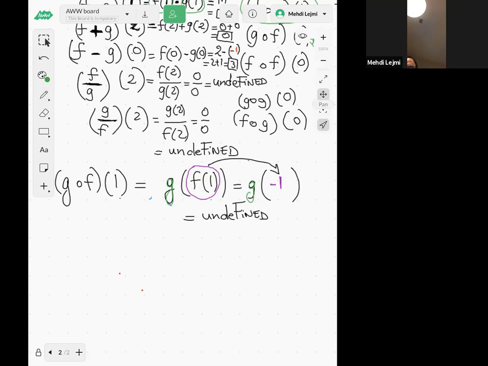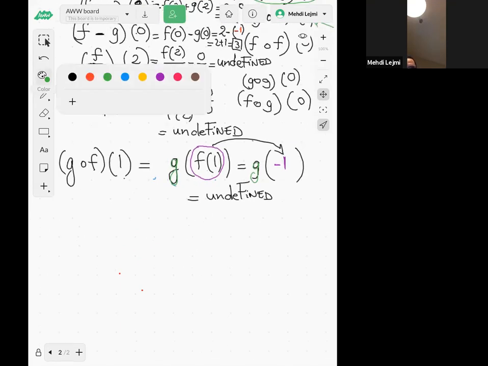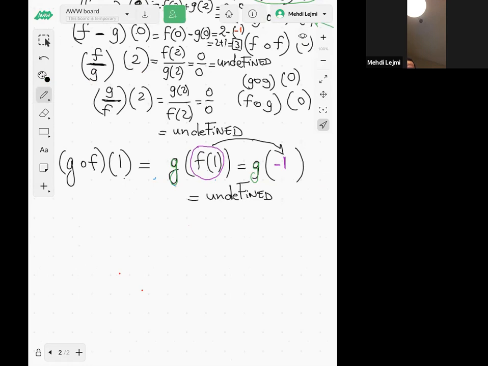Next one in the list, f composed with f of 0, right? So you can also compose a function with itself. So f composed with f of 0. So it's like f first and then parentheses, and inside the parentheses we have f again of x, but x is 0, so that's f of 0 here.